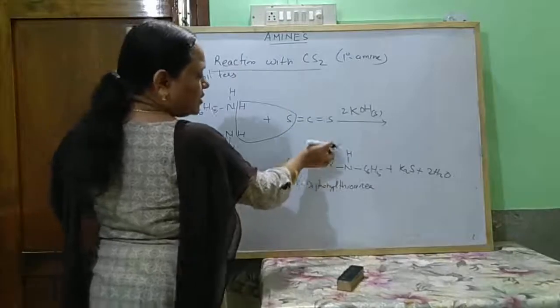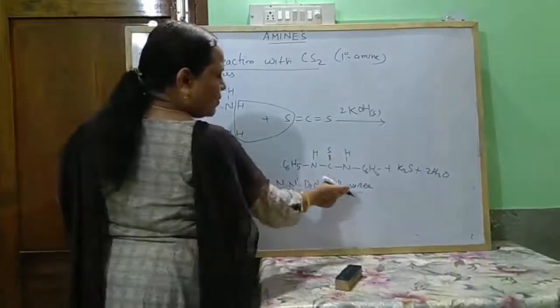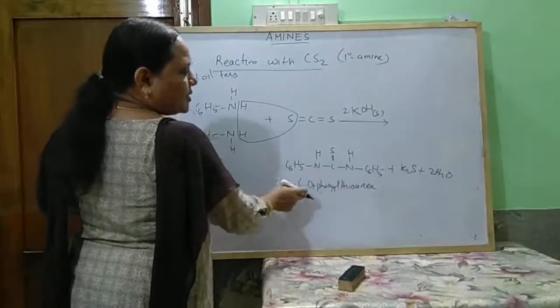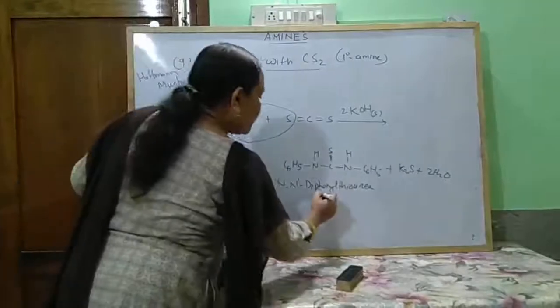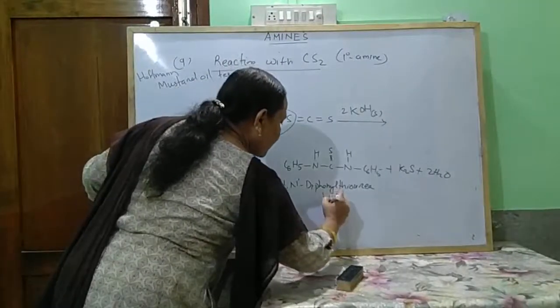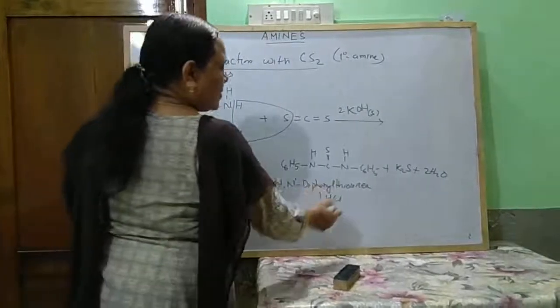Urea structure is CO(NH2)2. Instead of oxygen, sulfur is there, so thiourea. N,N'-diphenyl thiourea.